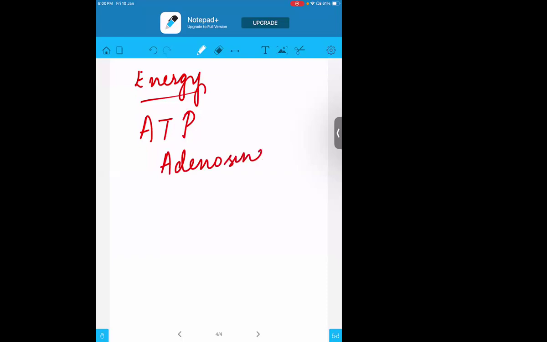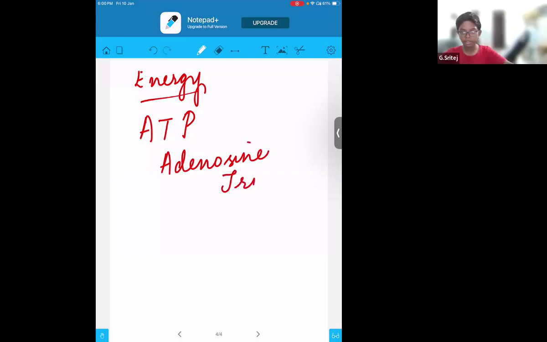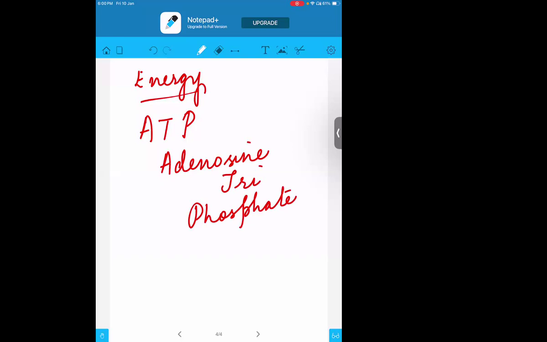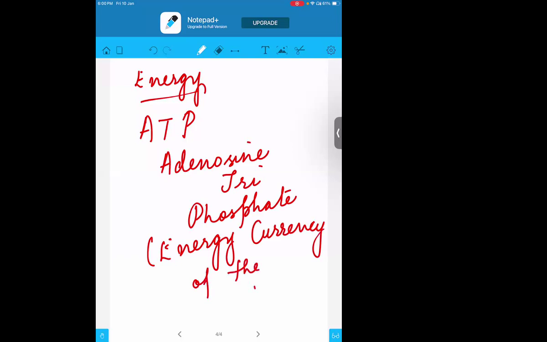This ATP's full form is adenosine triphosphate. Correct. So this is adenosine triphosphate. ATP is called the energy currency of the cell. So whatever energy the mitochondria will be producing will be stored in the form of currency, the energy currency, which is called ATP.